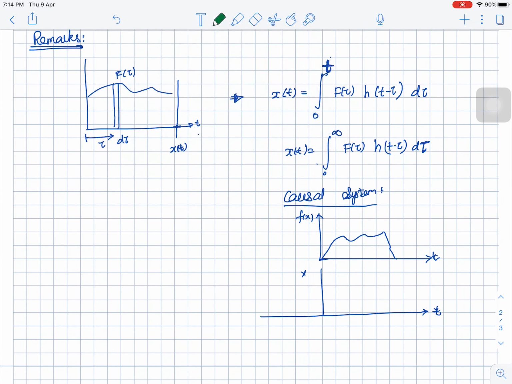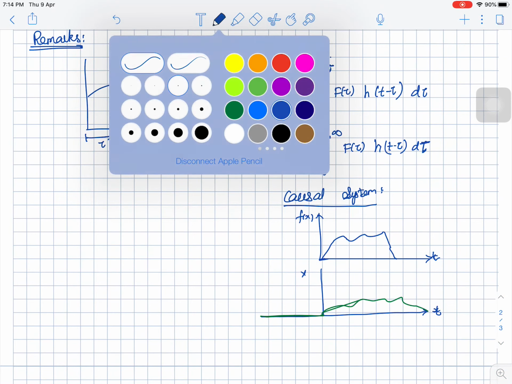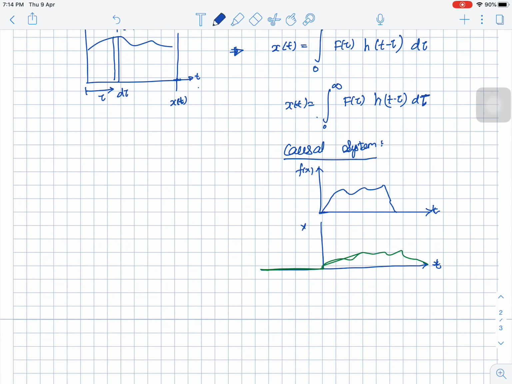Until t is equal to 0 the system response will be 0, then the response will be something like this. So this kind of system is a causal system. For t less than or equal to 0, f of t equals 0. Similarly h of t is also 0.